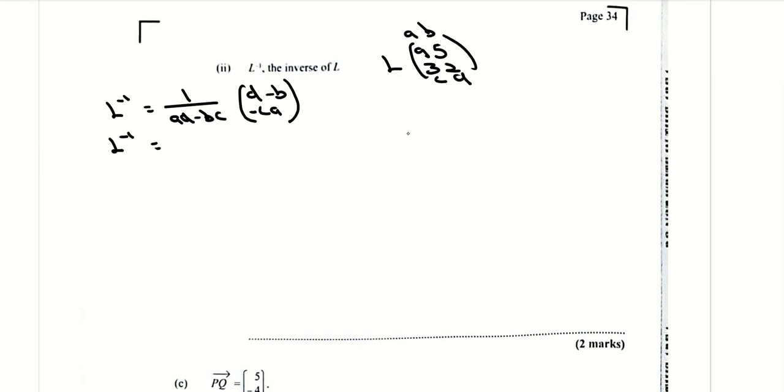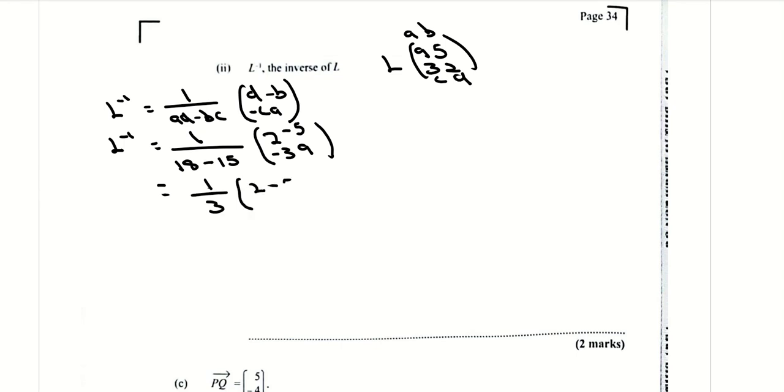So L inverse would be 1 over 9 2s are 18 minus BC, which is 5 3s are 15. Then multiply by, you exchange the placements of A and D, so this is 2, this is 9, this will be minus 5, and this is minus 3. So that is 1 over 3 by 2 minus 5 minus 3 and 9.